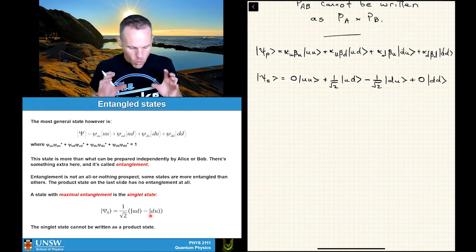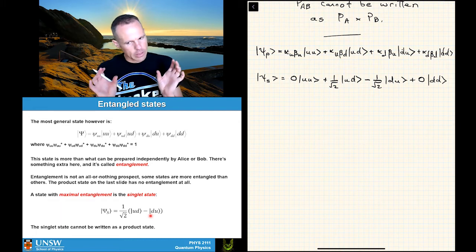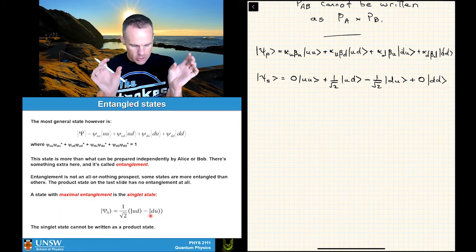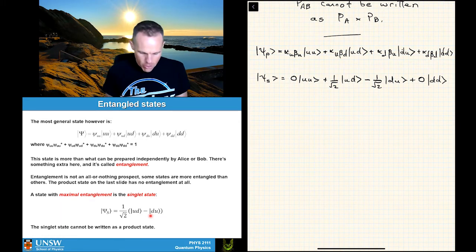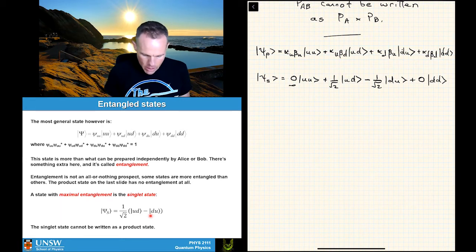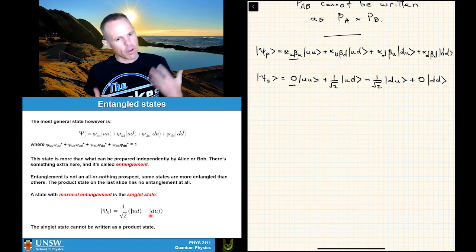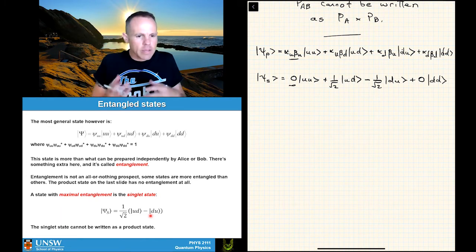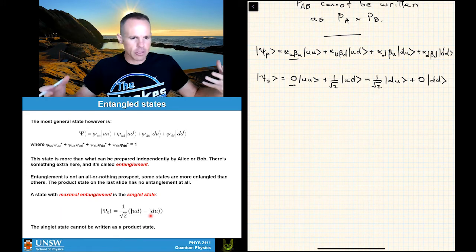And so what we should be able to do, if the singlet state was a product state, is compare the prefactors for each of the combined basis states with the prefactors in the product state, and then get something that comes out as factorizable, okay?